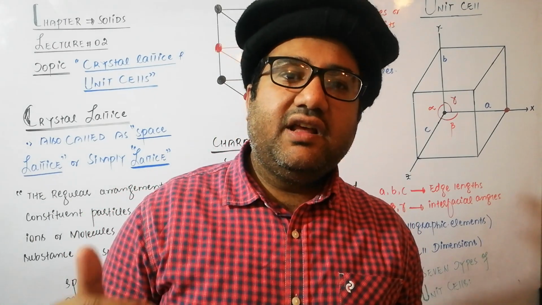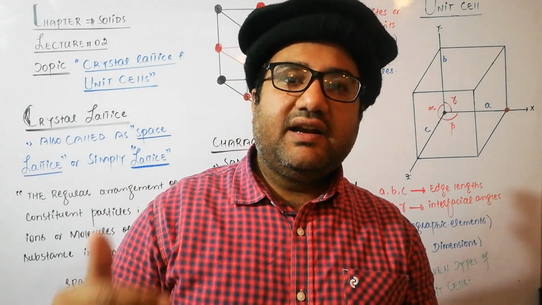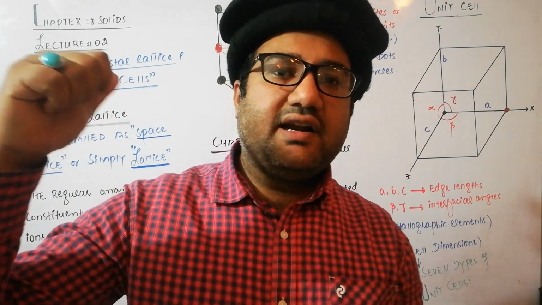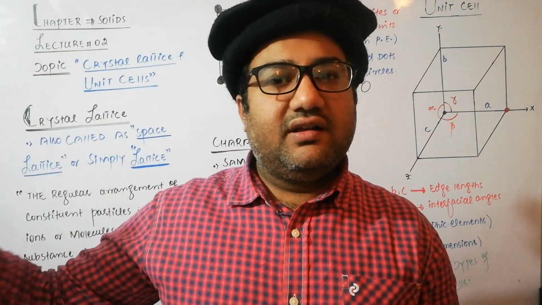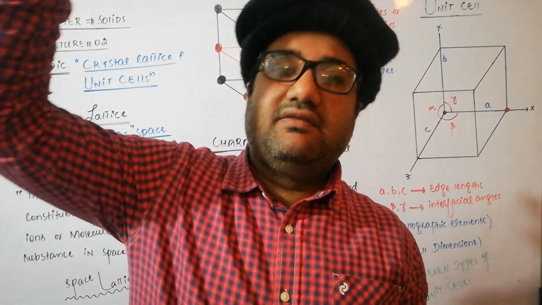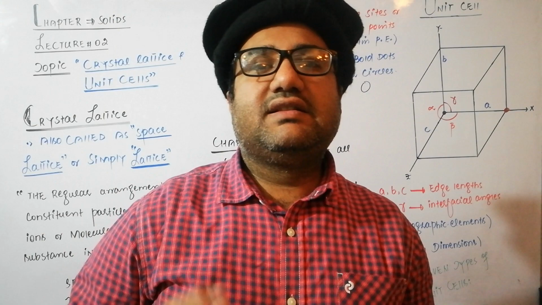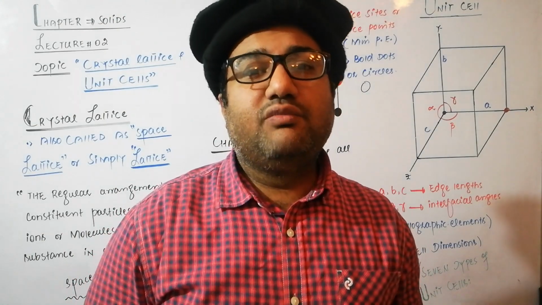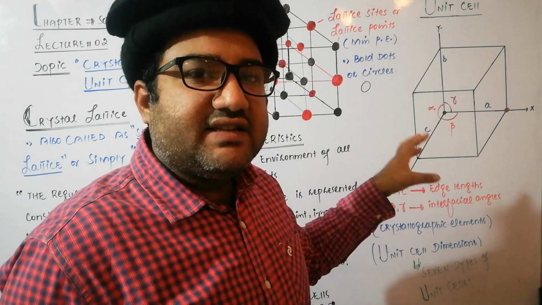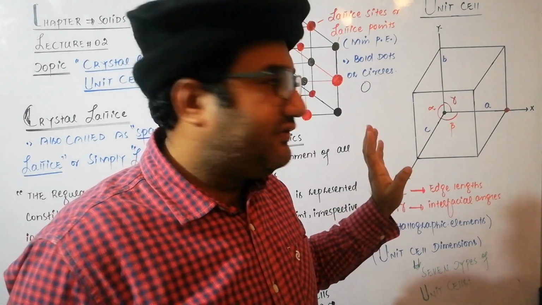If you are sitting in a room, you can see that it has six faces. One in front of you, second at the back of you, third the right one, fourth the left one, fifth the upper one, that is the roof, and sixth the floor. So every cube actually has six faces. And the angle between these faces is called the interfacial angle.